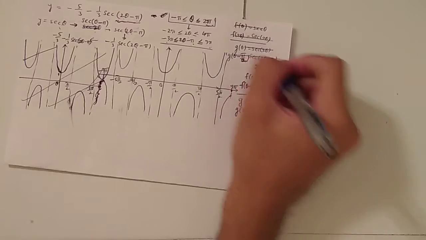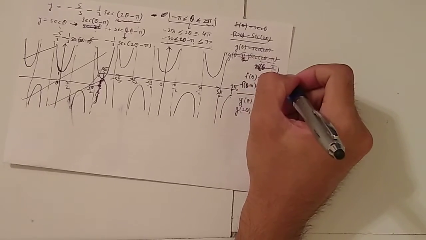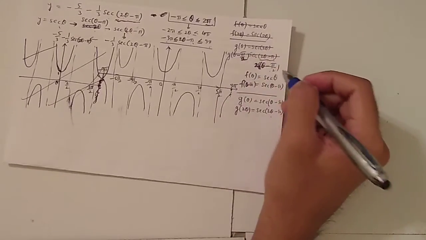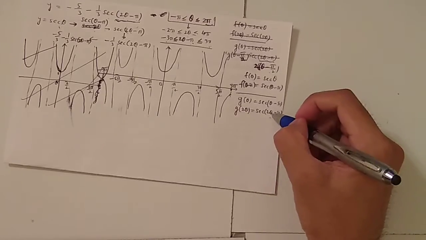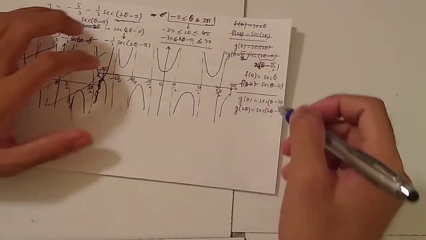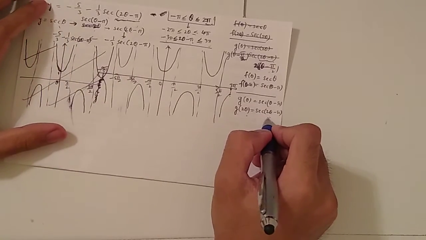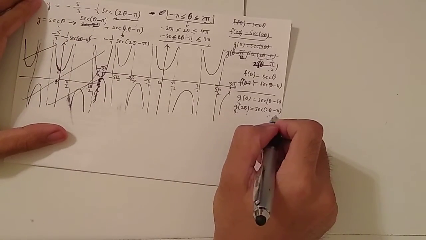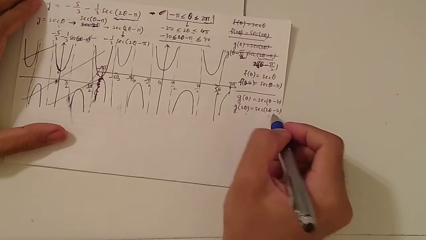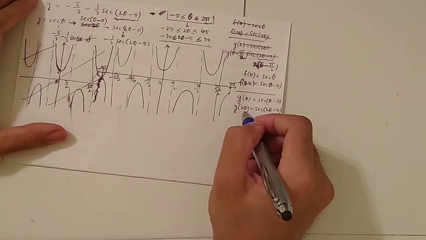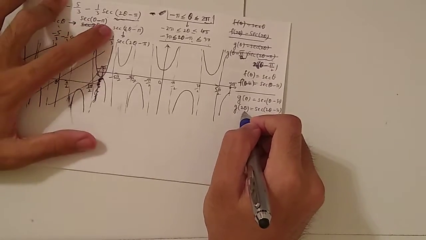So 2 into theta minus pi by 2. You're replacing theta with theta minus pi by 2. Here you're replacing theta with simply 2 theta. So g of 2 theta is equal to sec of 2 theta minus pi. To convert theta minus pi to 2 theta minus pi, you're just replacing theta with 2 theta. So that's the second step done.